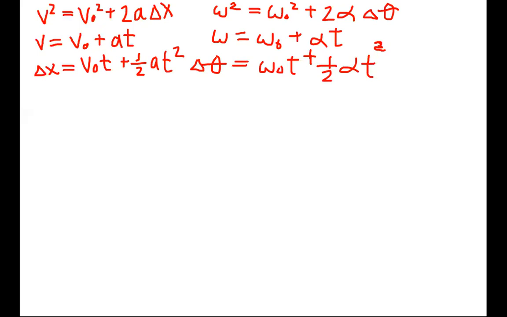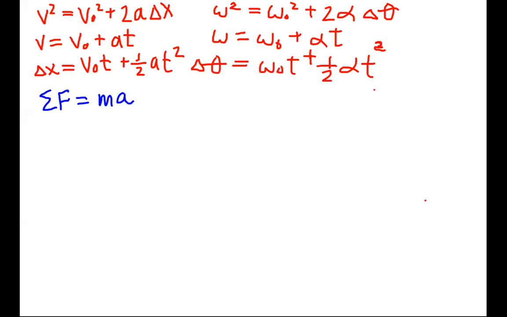I'll switch to a different color for the next set of equations. So we also have Newton's second law, which is the sum of all forces is equal to ma. And we know that in the case of a problem where the velocity is constant or where there's no acceleration, that will mean that the sum of all forces is equal to 0.